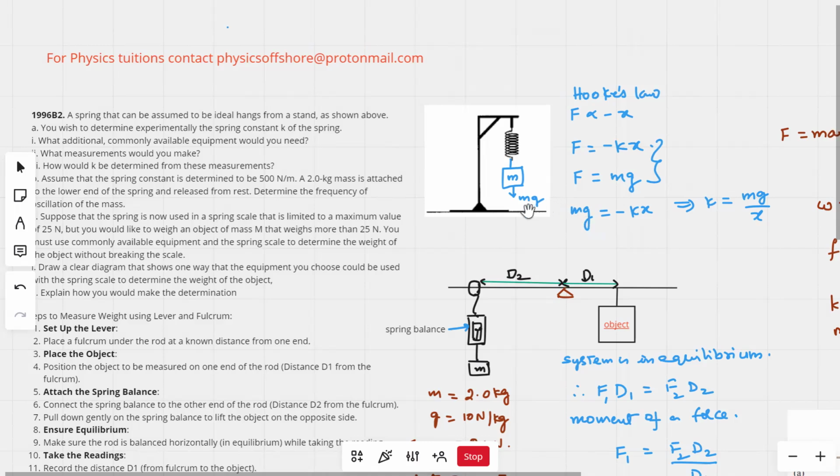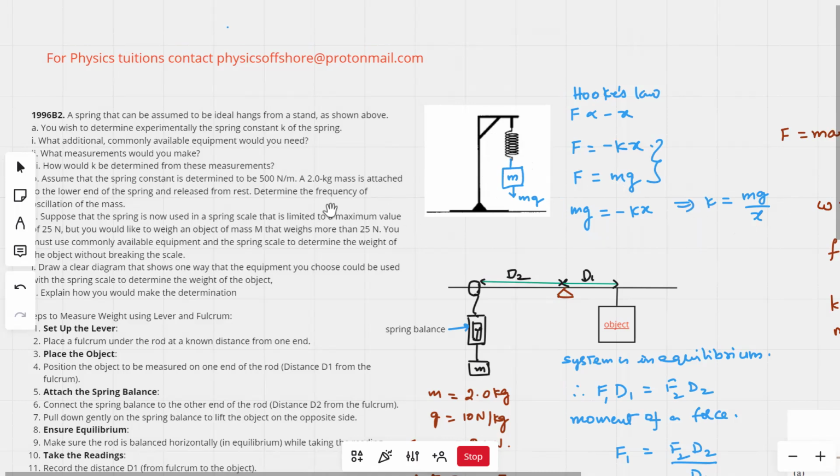Here, the mass is a known mass, and g is the acceleration due to gravity, and I have to measure only the stretch. That stretch can be measured using a meter scale or ruler. I will attach that ruler to the strand, and then I will measure the stretch.